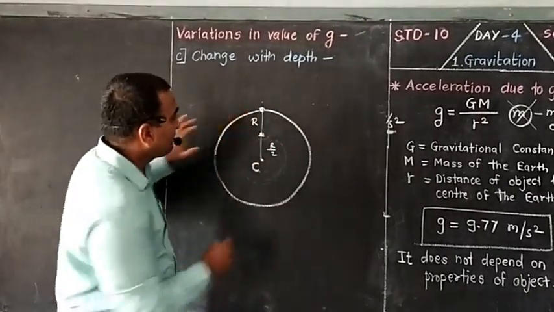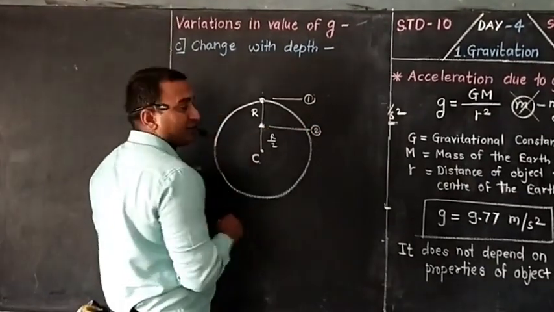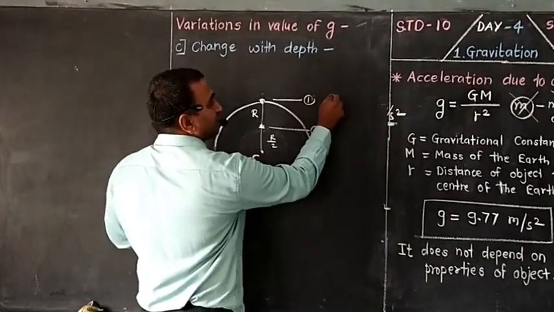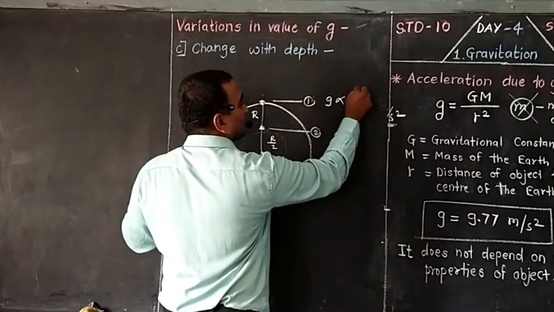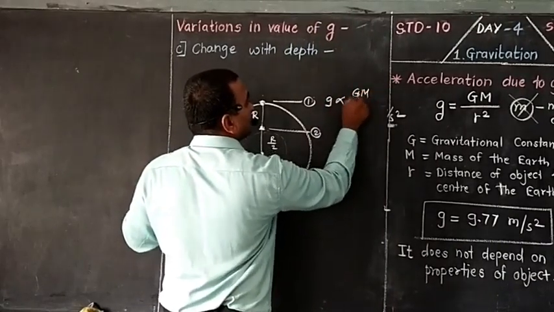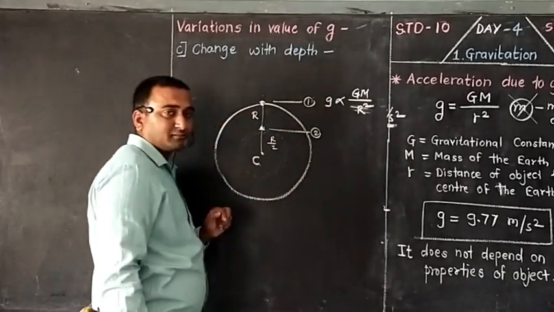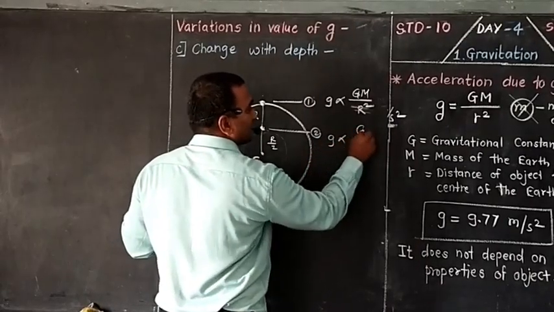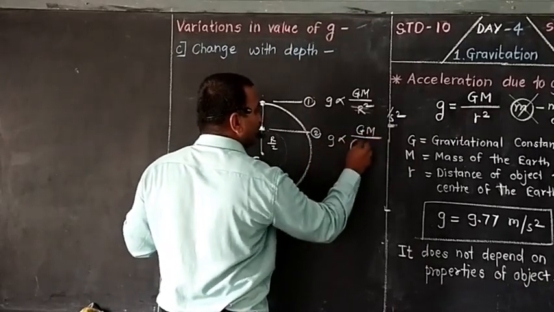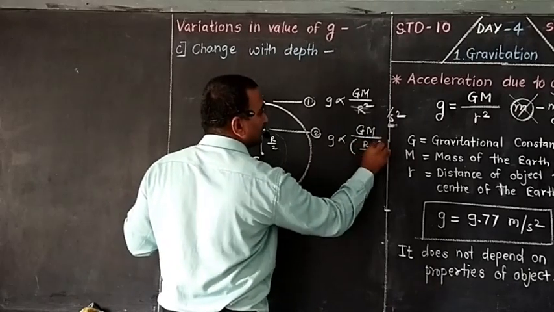Then see here, when the distance decreases, now the object is here. This is case number one and this one is case number two. In the first case, acceleration due to gravity g is GM divided by r square, that is r square only. Now what is the second case? g is GM divided by (r divided by 2) square.